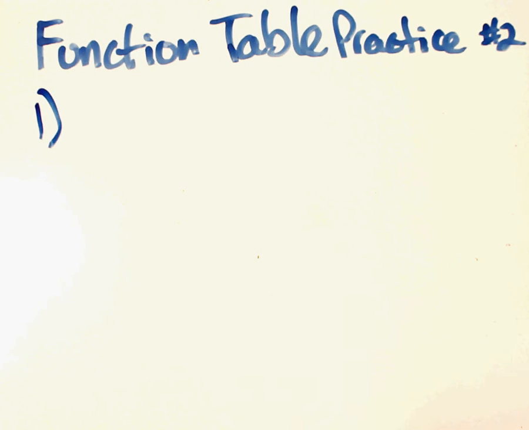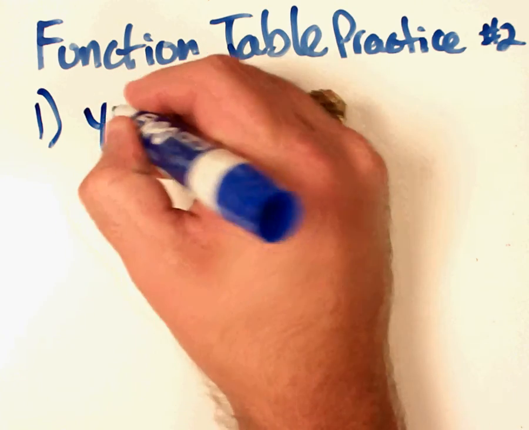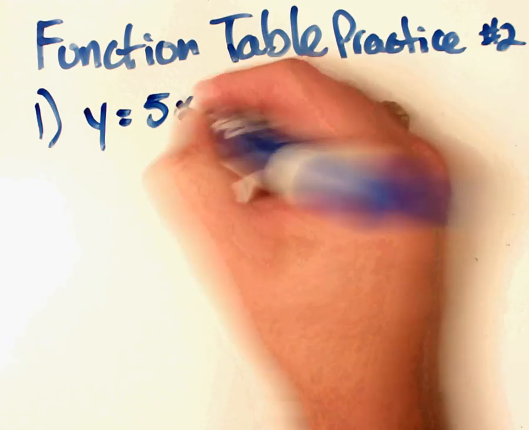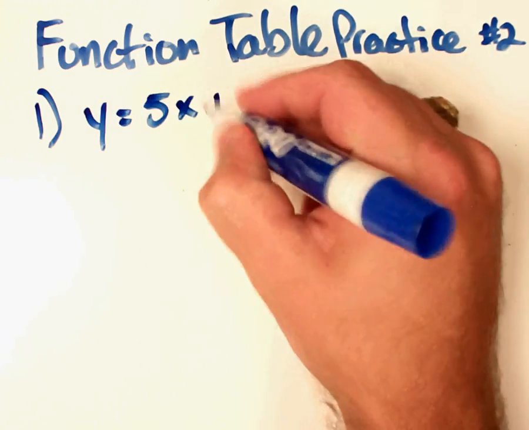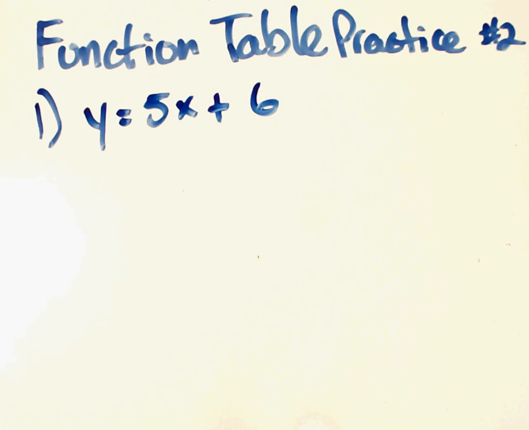We're going to start out there, and we are given the equation y equals 5x plus 6. All right. Now, as I did in a previous video, I'm going to go ahead and color code this so that we can very clearly see what's going on.